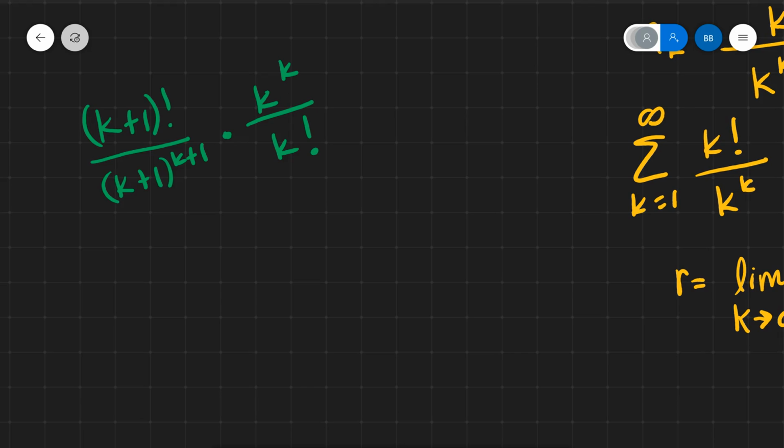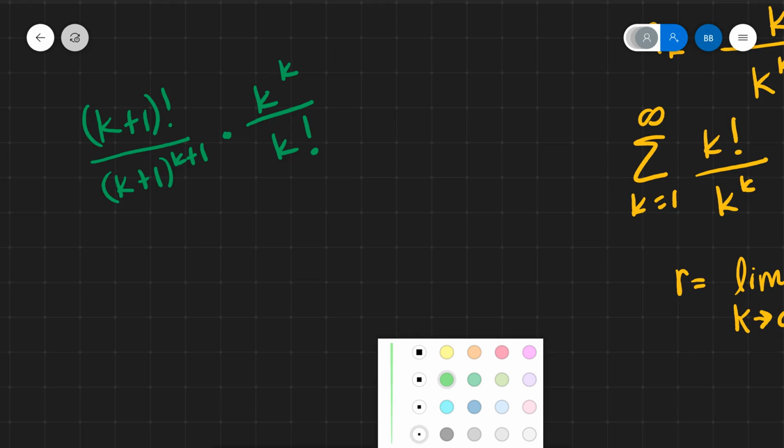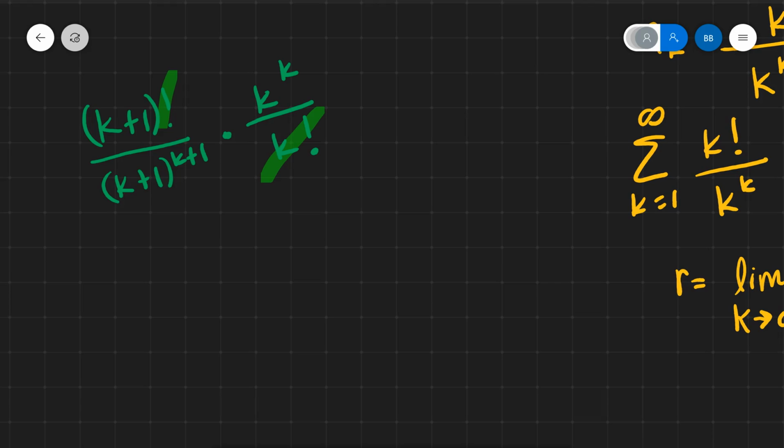If we start reducing this, the factorial cancels with this entire k factorial, and we have our k plus 1, which we can rewrite as k plus 1 to the k times k plus 1. That will give us the two terms k and the plus 1. If we put these terms together and added them up, we get back to where we were. And that will cancel with this, which leaves us with k to the k over k plus 1 to the k.